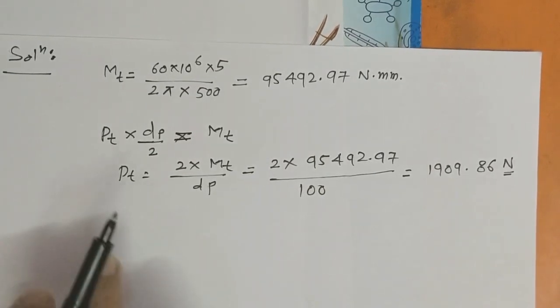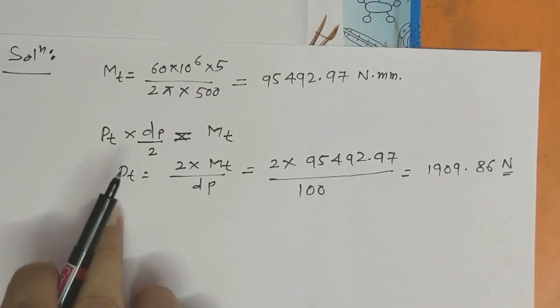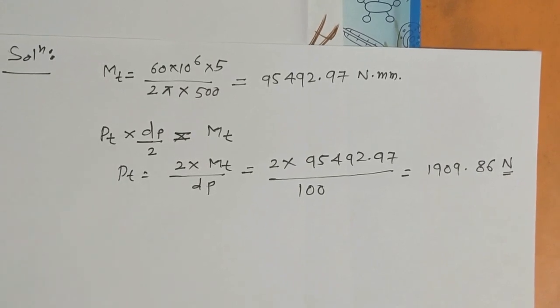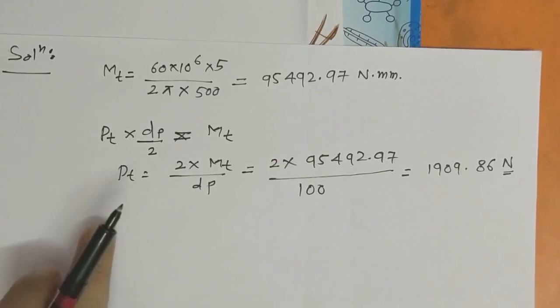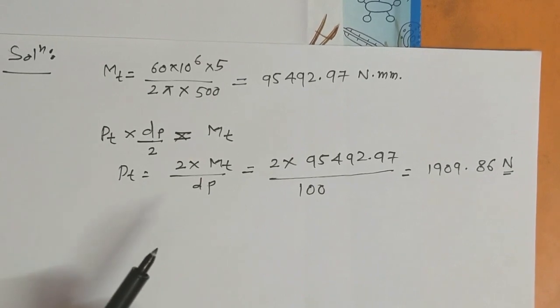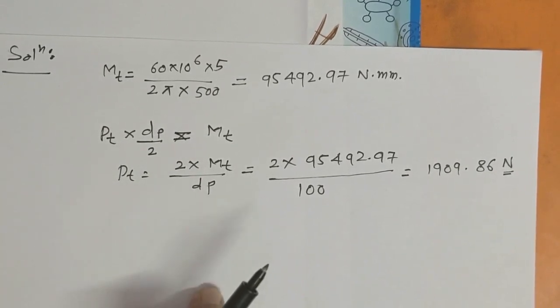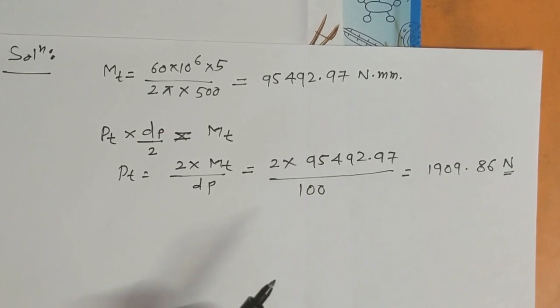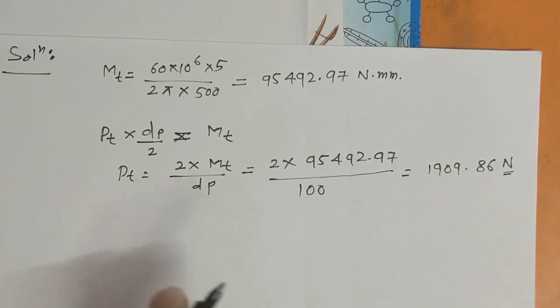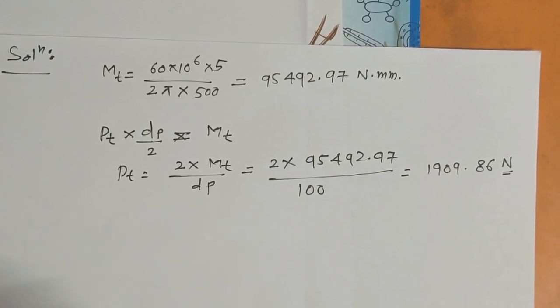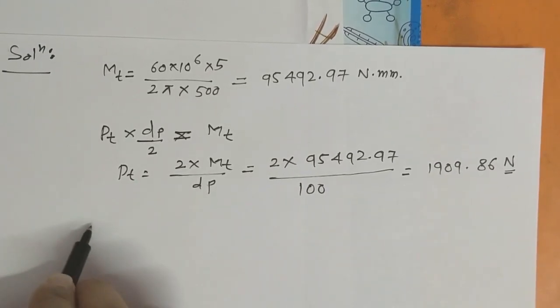But for designing, we need to find the effective tangential force. For the effective P, we need to consider the service factor as well as the velocity factor. The service factor is given as 1.5, but to find the velocity factor, we need to know the pitch line velocity. So first we calculate the pitch line velocity.